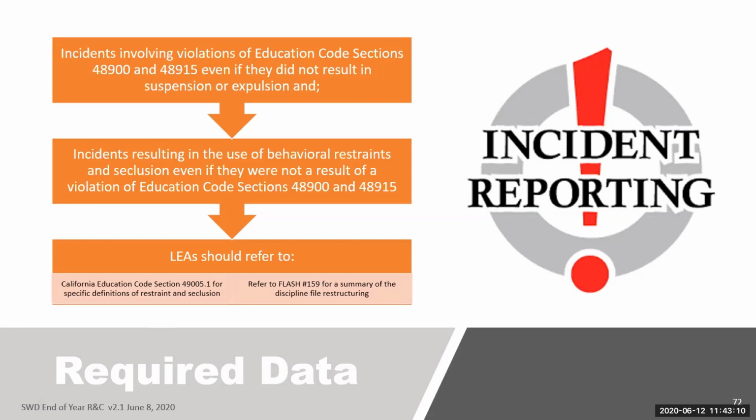I would ask you to reference 49005.1. And so what I had to do, and what I suggest you do, because this is just a quick overview, is I just Googled CA Ed Code, and then I typed in the number, and then you will see exactly what I'm talking about. But also, all your statutory offenses are in your CalPADS code set under student offenses, and then the definitions for statutory, whether it's mechanical restraint or physical restraint, you can find that in the data guide, right?